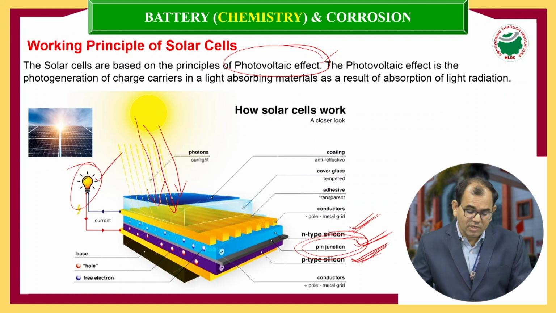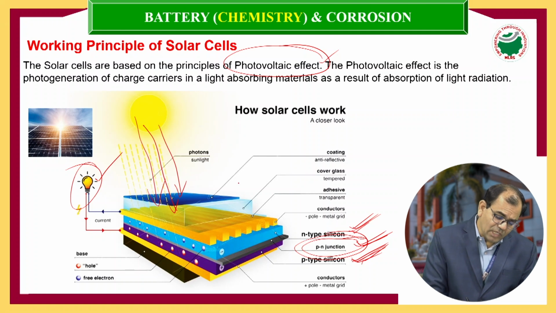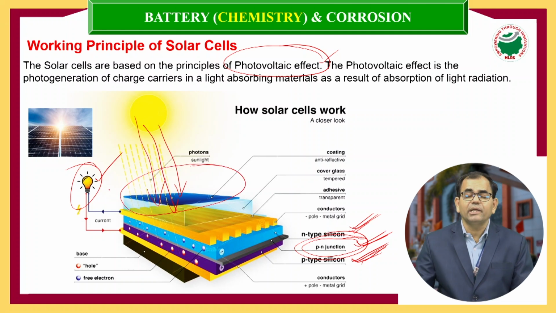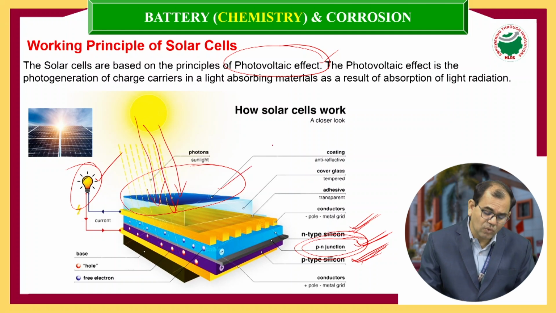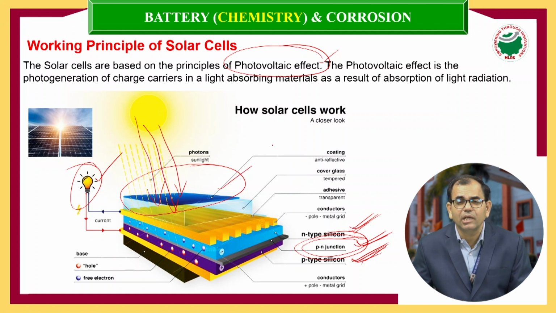generated. Now all solar panels look bluish in color, dark bluish color. Why? Because these solar panels are bluish in color to avoid loss of photons. There should not be any reflection, or any energy loss.